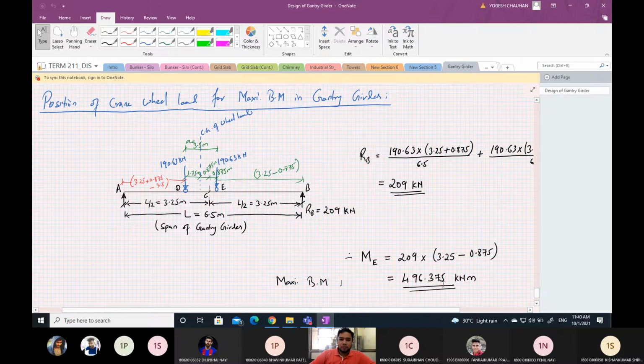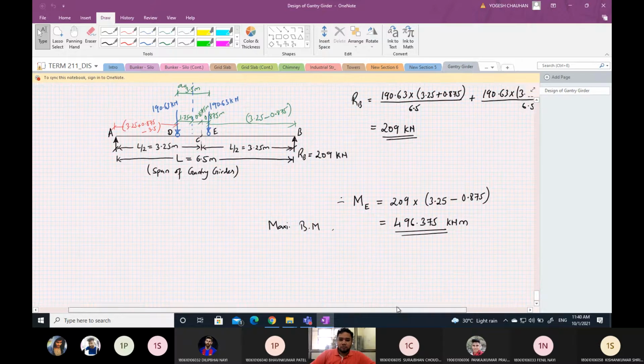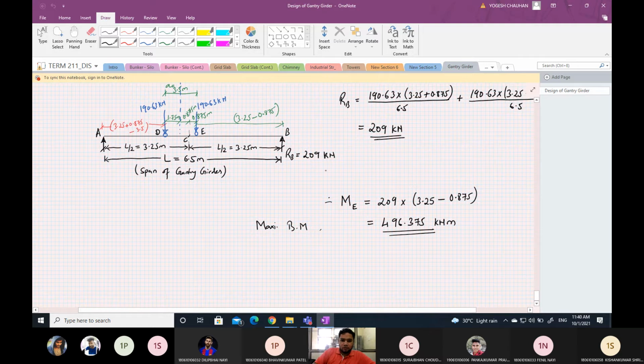So this is the maximum bending moment due to the crane wheel load.